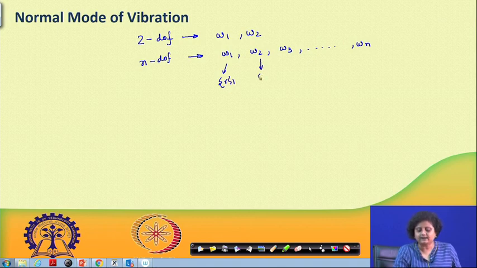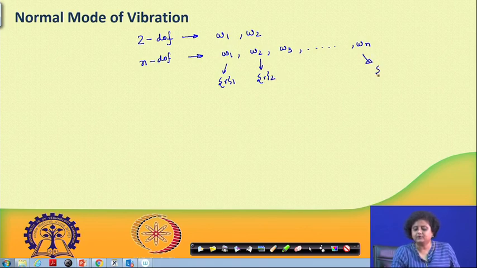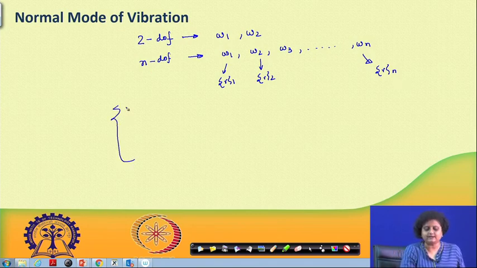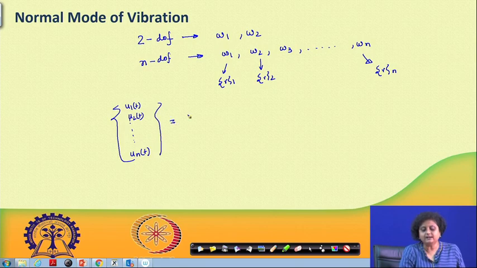So, for an n degree of freedom system, I will have n mode shapes, which I will represent as Rn. Okay. So, in 2 degree of freedom, we have 2 mode shapes. In n degree of freedom, we have n mode shapes, and for an n degree of freedom system, the total response u1(t), u2(t) and so on, there would be n degrees of freedom. So, u(t) is going to be a linear combination of these n normal modes.